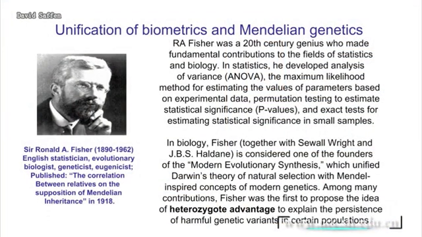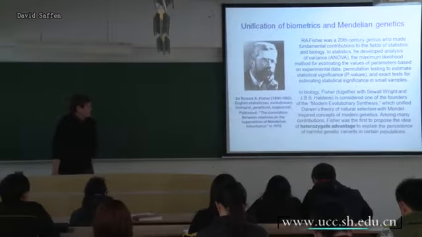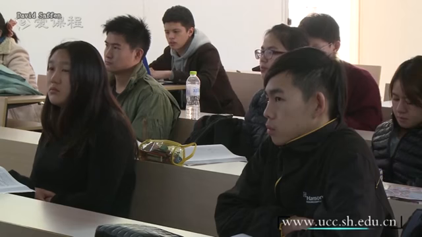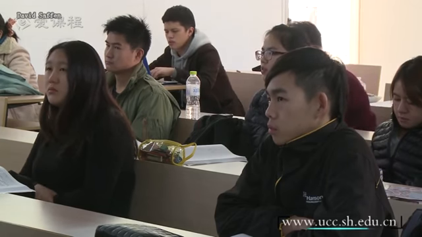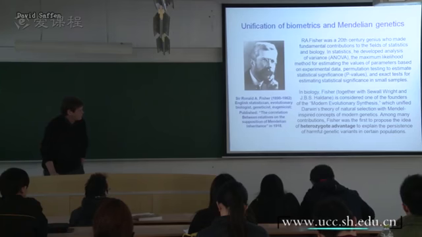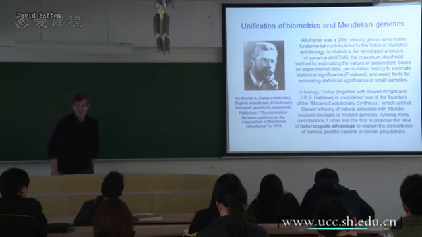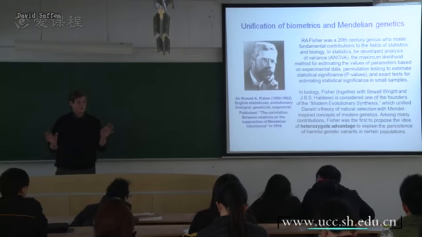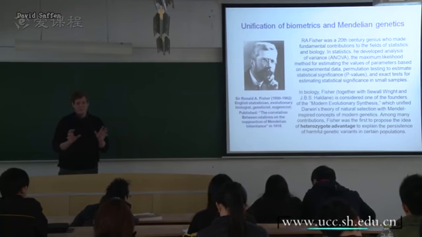He made not only very fundamental contributions to the field of statistics, inventing many methods for analyzing and interpreting data, but in biology he is also considered to be one of the founders of the so-called modern evolutionary synthesis, where the theories of evolution of Charles Darwin were finally reconciled with the theories of Mendel.